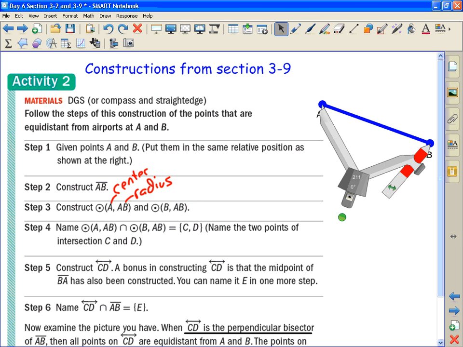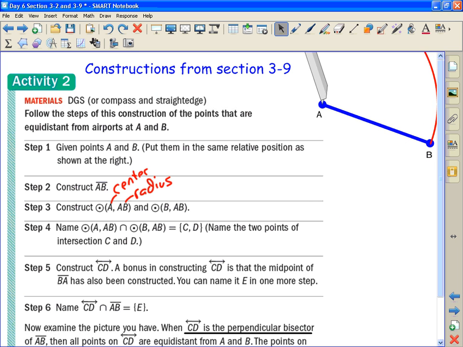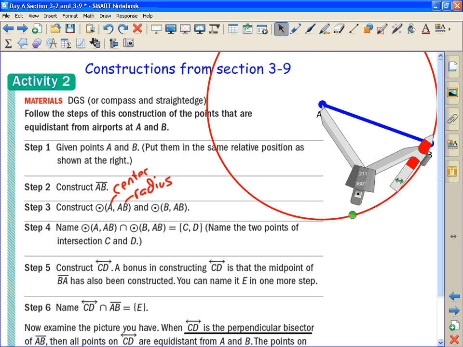Should see right now the sharp point is on point A. The pencil for my compass is on point B. I'm now going to make a circle. I'm going to take my compass, hold it very carefully on point A. I know it's difficult, but you need to do it. I'm going to draw a circle all the way around here.